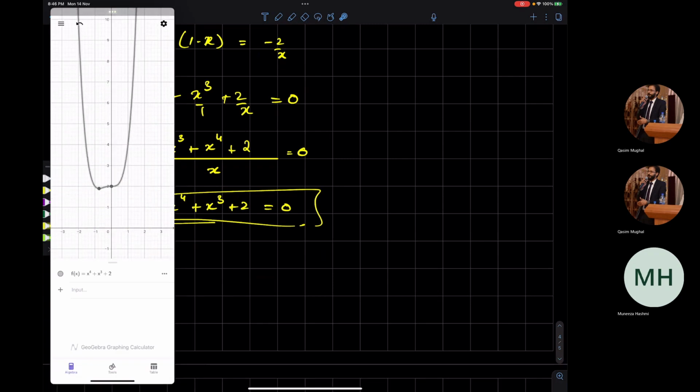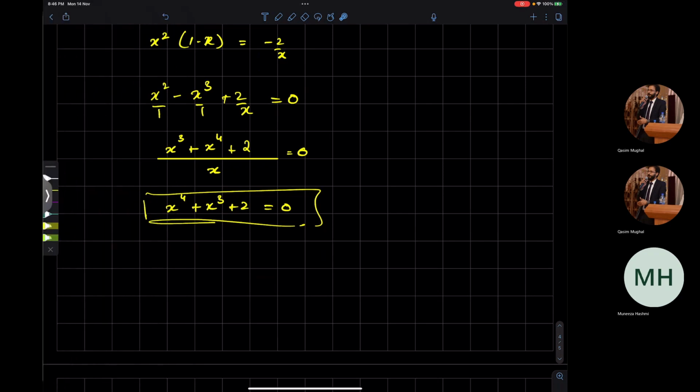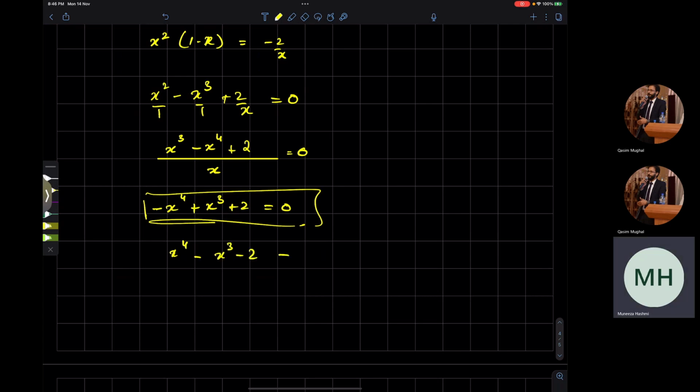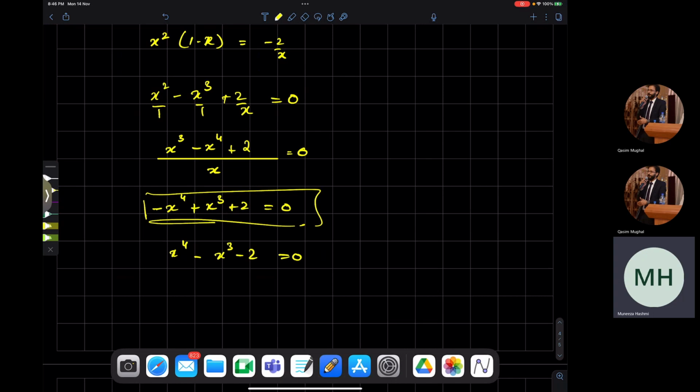Can you check the answer for this one, please? Maybe I've made a mistake. Oh, it's a minus sign there. That was minus. So this is going to be minus. So basically, x raised to the power 4 minus x cubed minus 2 equals to 0.